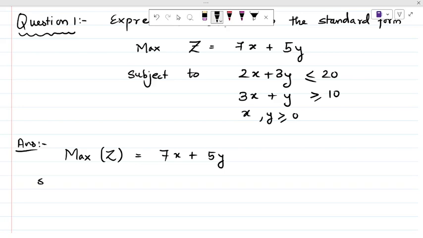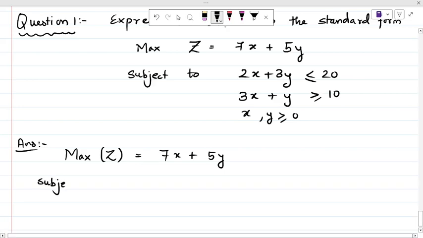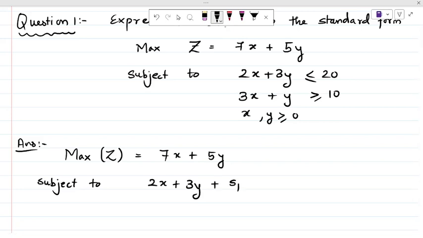Now, subject to the condition: 2x plus 3y. Since it is less than type, I will add a slack variable. So I add s1 over here and make it equal to 20.